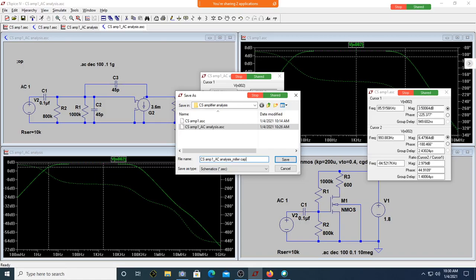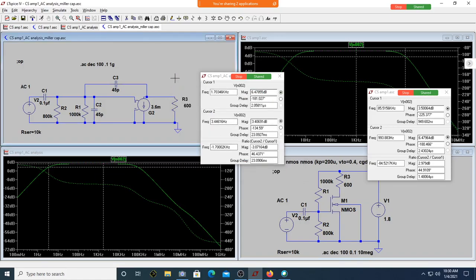Using Miller's theorem, I can replace these two capacitors. I will take out this capacitor and put it over here. I will delete this, and this, and this also. I will have only one resistor with equivalent value.